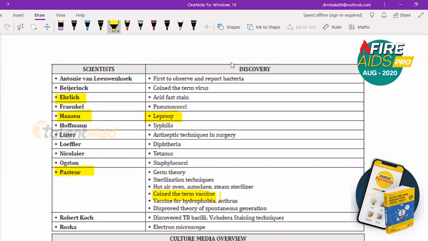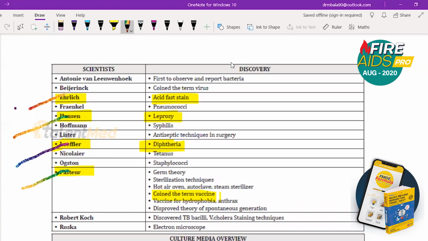Ehrlich is for acid-fast stain. Loeffler is for diphtheria. So these 4 points I would stress more for your examination.